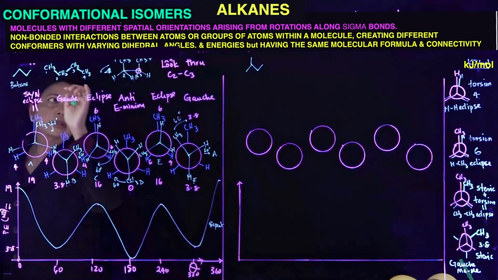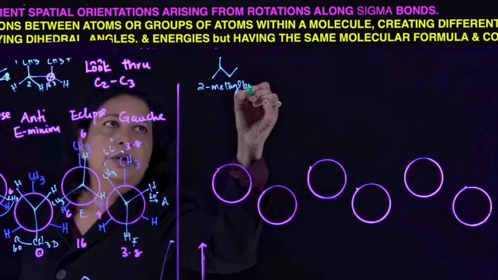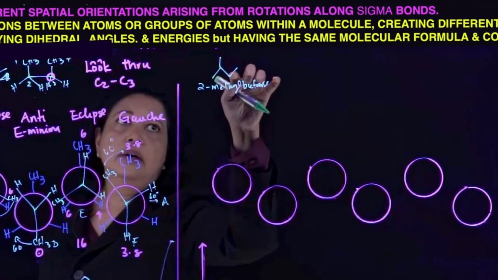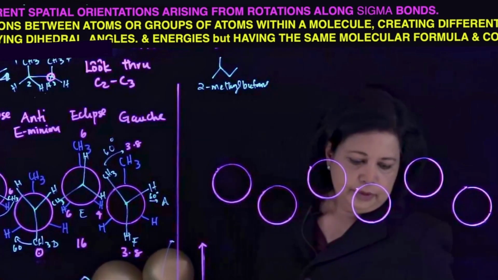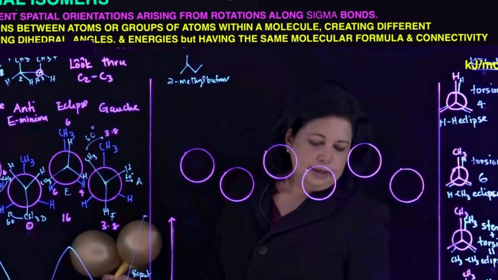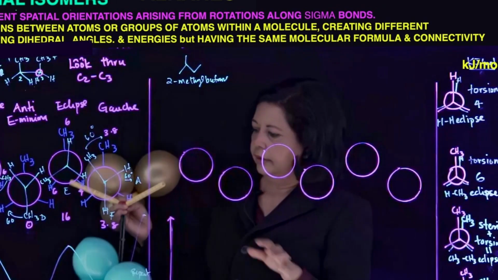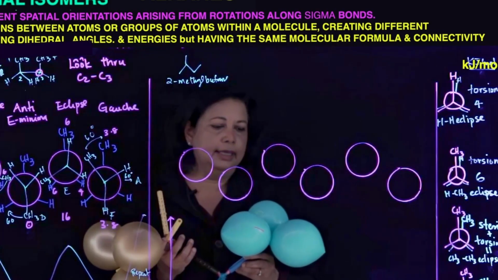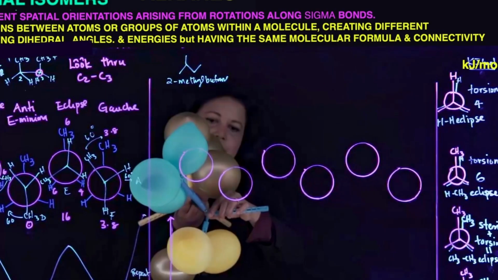You can have 2-methyl-butane, or you can do 2,3-dimethylbutane, or you can do pentane. The methyl and ethyl energies are not very different, but when you have ethyl groups, it's slightly different, because the methyl on the ethyl can be pointing away.